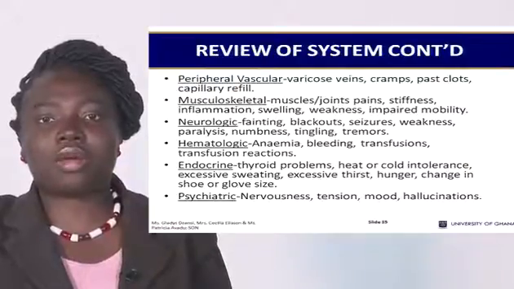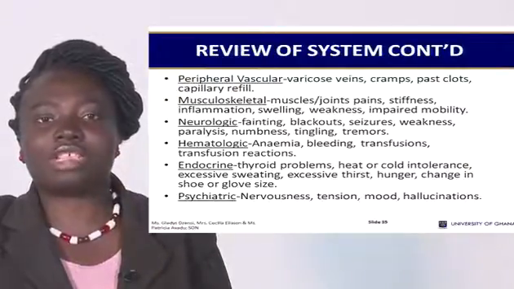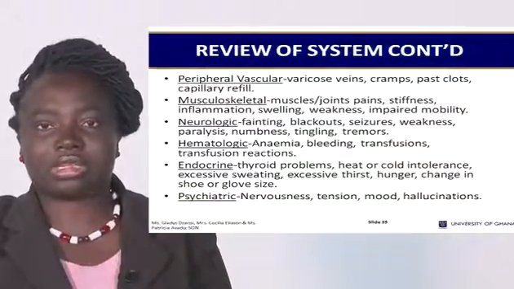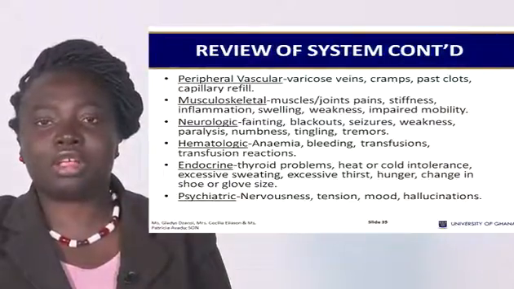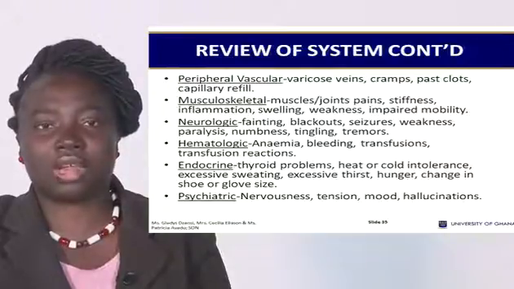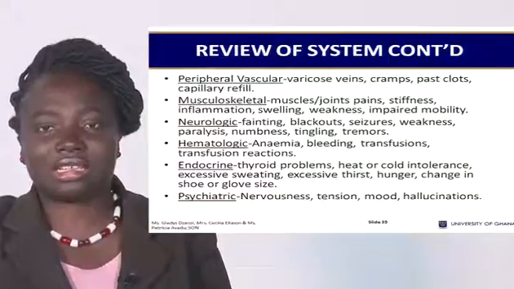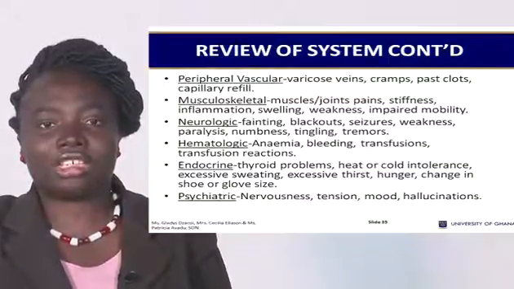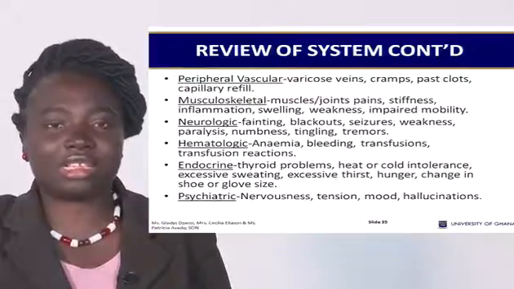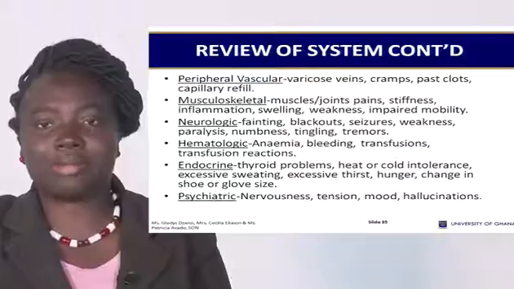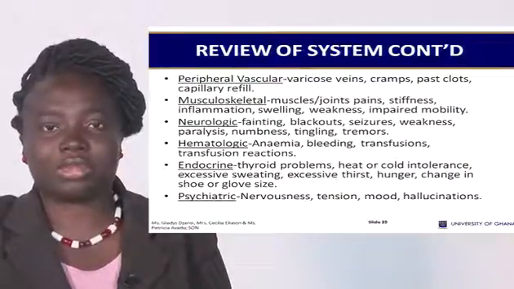You also obtain information relating to the endocrine problems, such as experience of heat or cold intolerance, excessive sweating, excessive thirst, hunger, change in shoe or glove size. These informations are key to making decisions about some presenting problems.